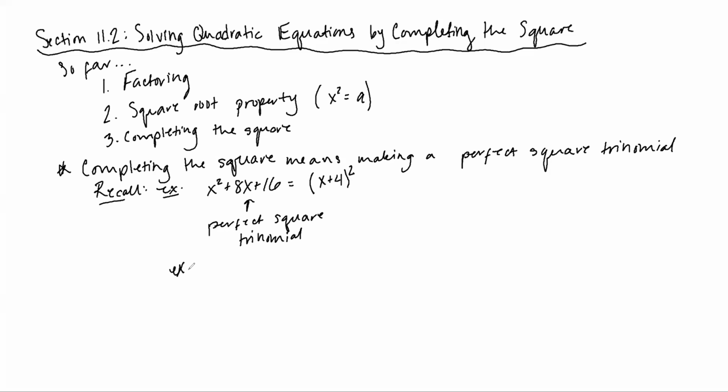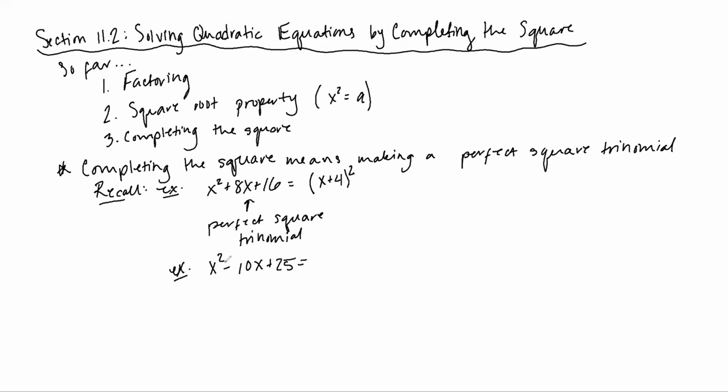One other example of a perfect square trinomial is x squared minus 10x plus 25. So again, just kind of identifying that this is a perfect square trinomial. This last number is a perfect square. It's 5 squared, and 5 doubled is 10. So we always have that relationship there.